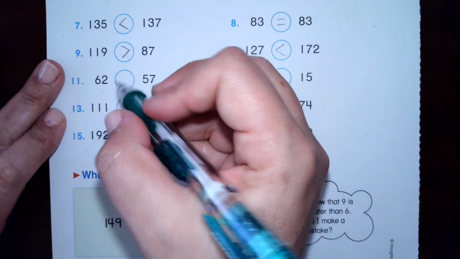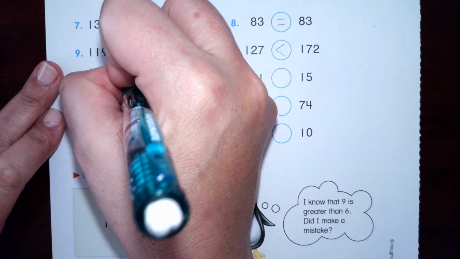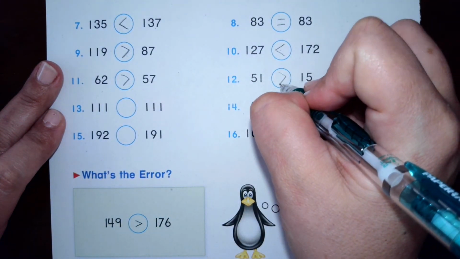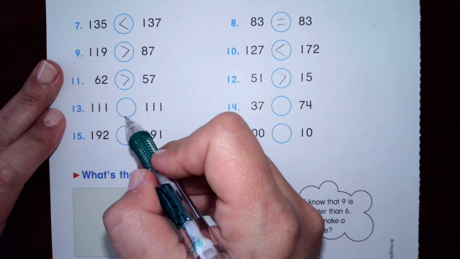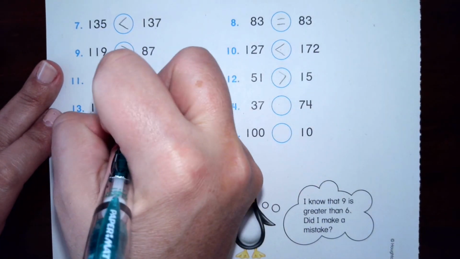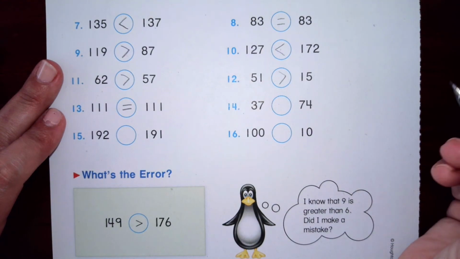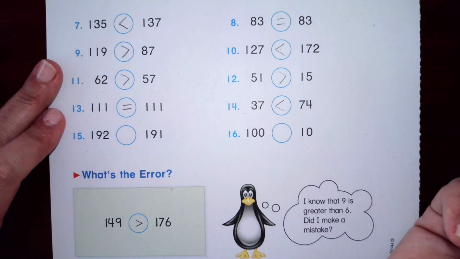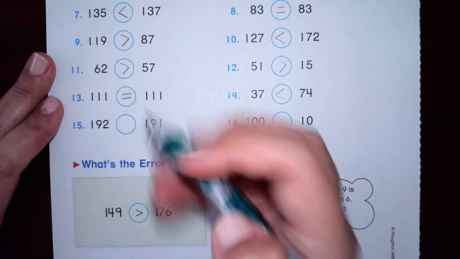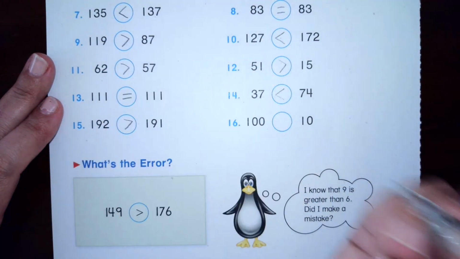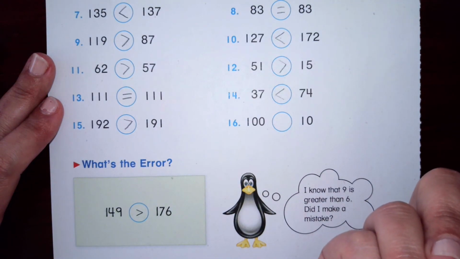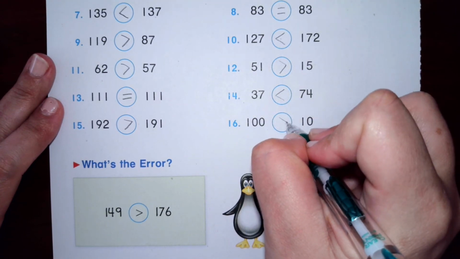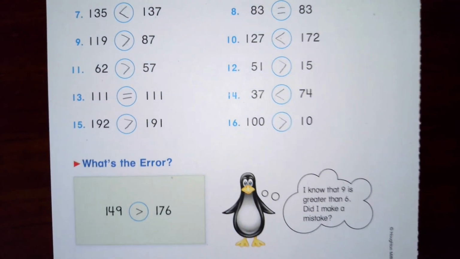Number 11, 62 is greater than 57. Number 12, 51 is greater than 15. Number 13, 111 is equal to 111. Number 14, 37 is less than 74. Number 15, 192 is greater than 191. And finally, number 16, 100 is greater than 10.